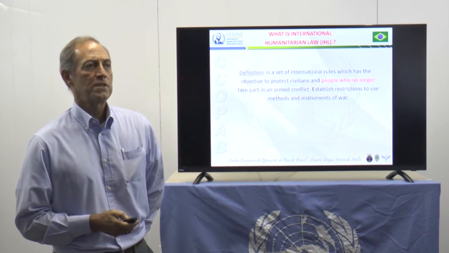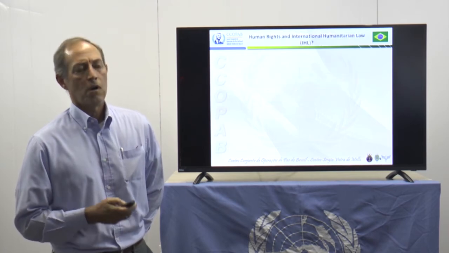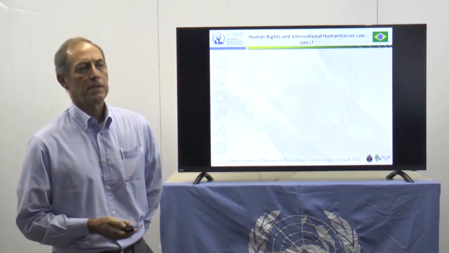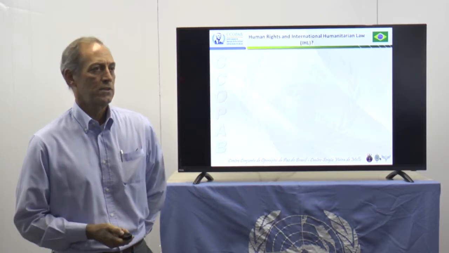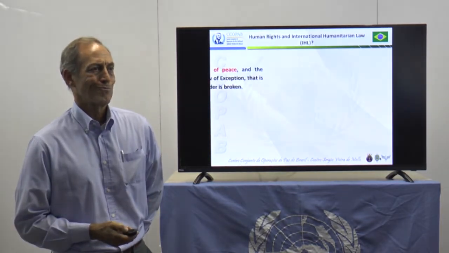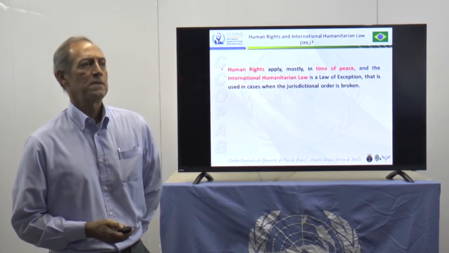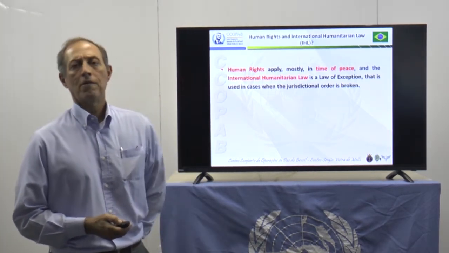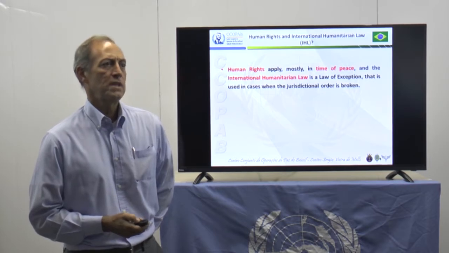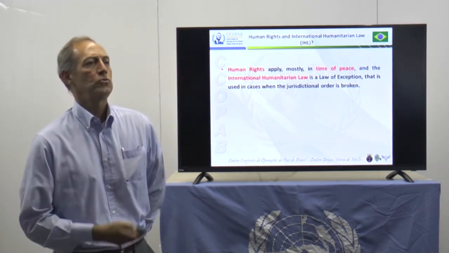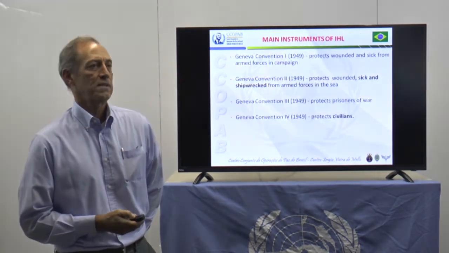You'll be able to understand all these rules, all these definitions by reading our lessons, okay? Basically, human rights apply most in time of peace, and international humanitarian law is a law of exception that's used in case the jurisdictional order is broken, as I said.